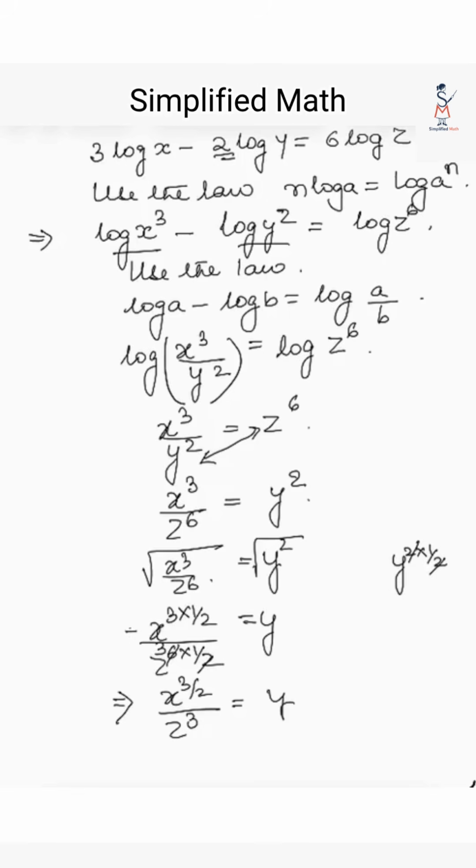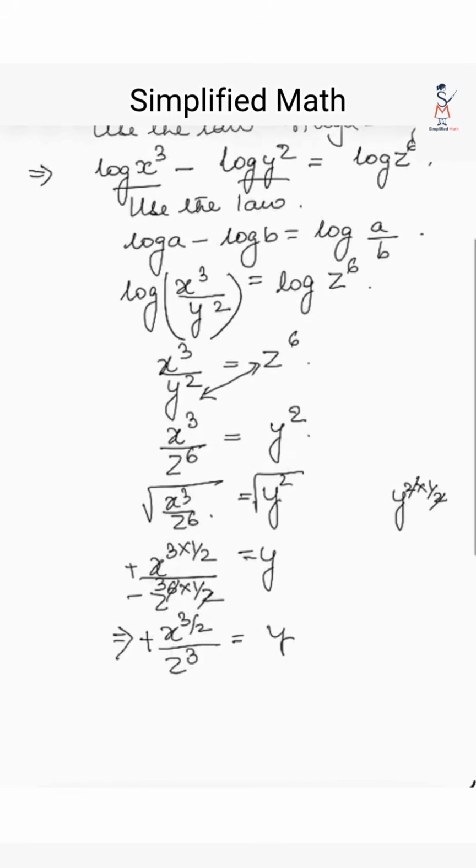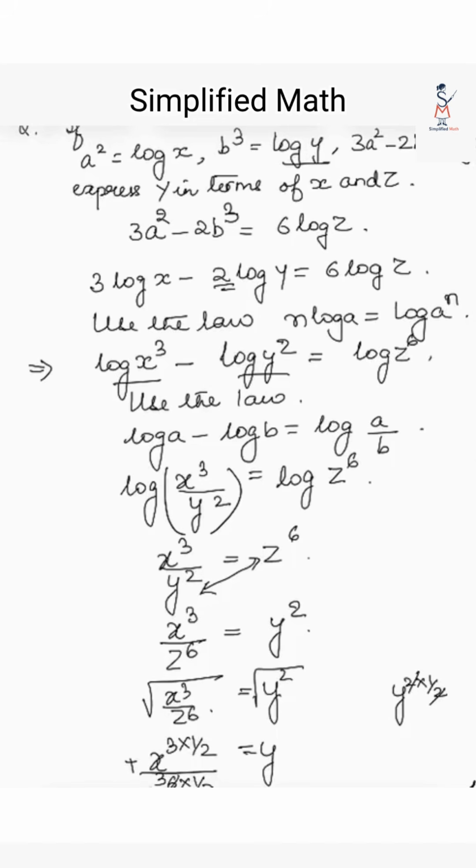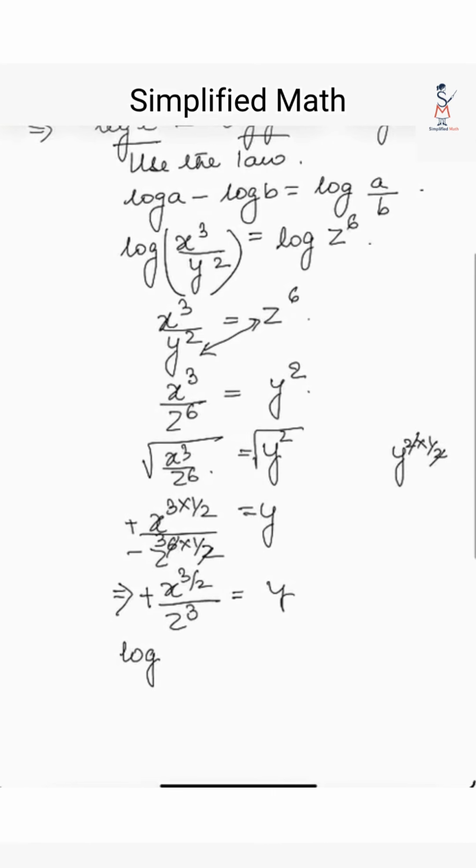This will have a positive as well as negative value. But we will take only the positive value, because if we take the negative value, what will happen? Log y will become negative.